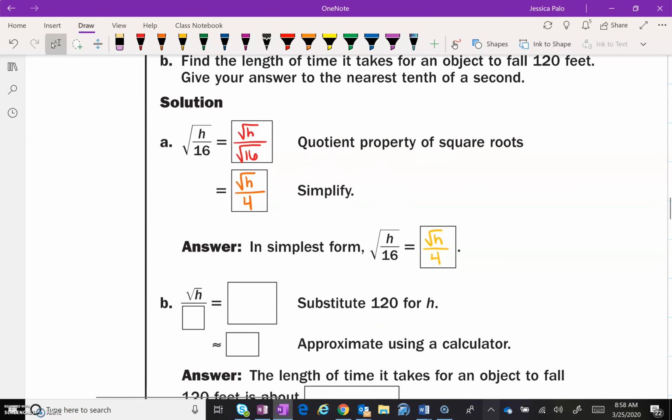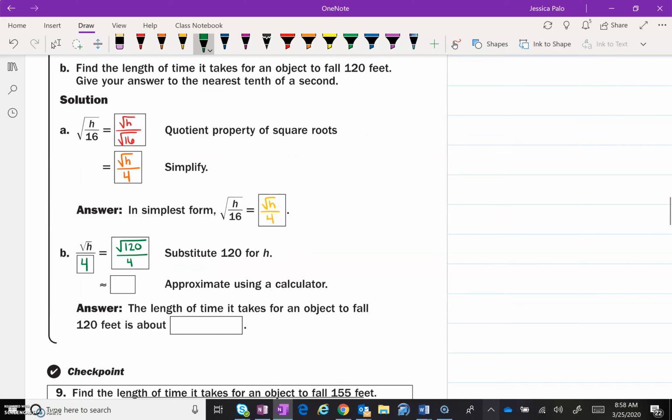So the expression we're plugging into is radical h over 4. So radical h would become radical 120, radical 120 over 4. Now I am going to pull this out over here because we are going to need to simplify radical 120.